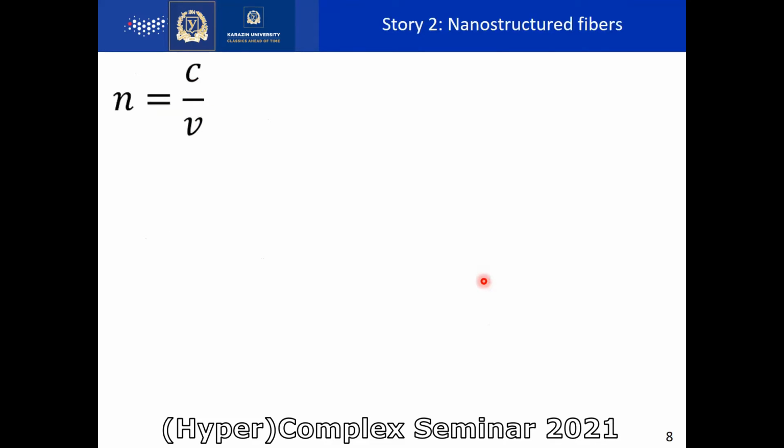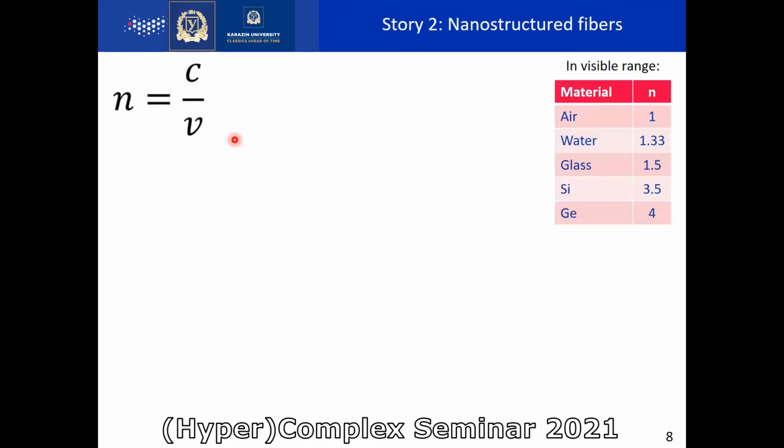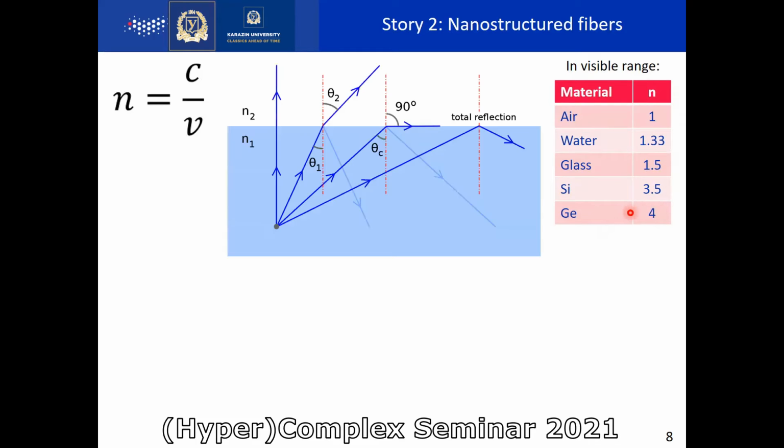The second story is devoted to fibers. It's well known that the refractive index is defined as the ratio of the speed of light to the speed in the special medium. For different media the refractive index is different, but in the visible range it usually does not exceed 4.